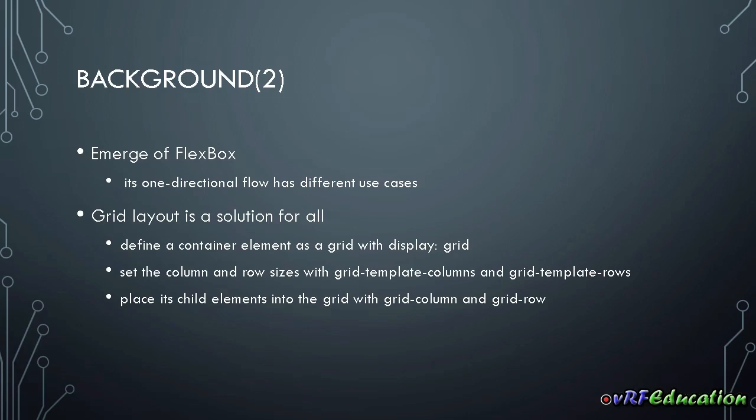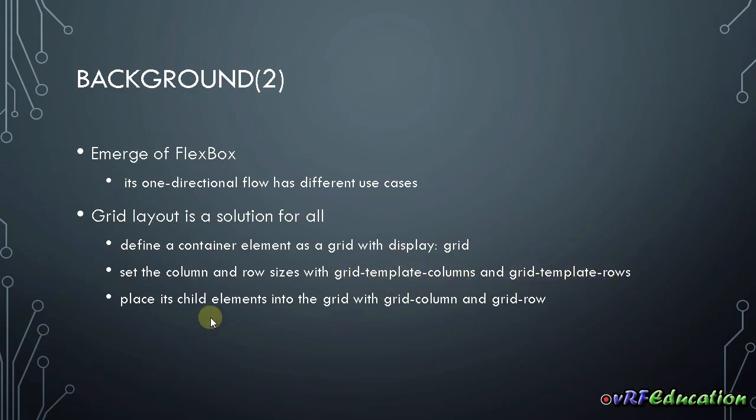But in order to use a grid layout, you need to follow these three steps at minimum. At first, you should create a container element with the grid value for the display attribute. And then you can define the columns and the rows of that grid using these two attributes, grid-template-columns and grid-template-rows.